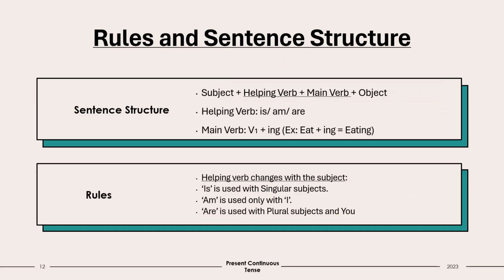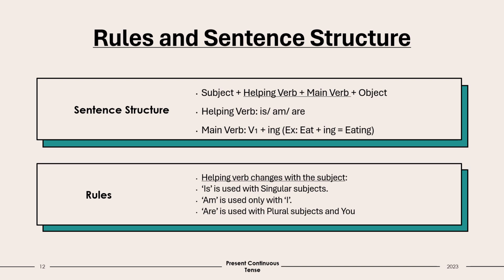Rules and sentence structure for present continuous or present progressive tense. Now, here the sentence structure remains same, subject plus verb plus object. But instead of one verb, we have two verbs here, helping verb and main verb. Now, helping verb can be either is, am or are.